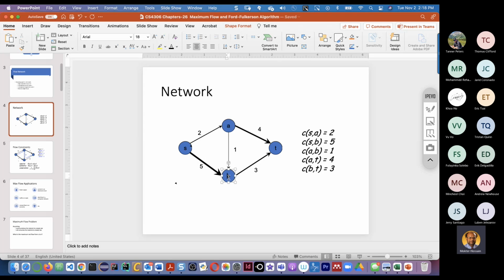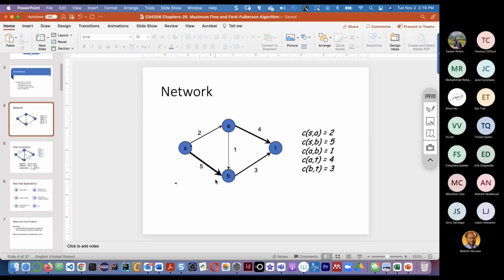Similarly, although B can receive 6 units, since B can pass only 3 units, B will receive a maximum of 3 units. You understand? So for this flow, B cannot receive and pass more than 3 units.